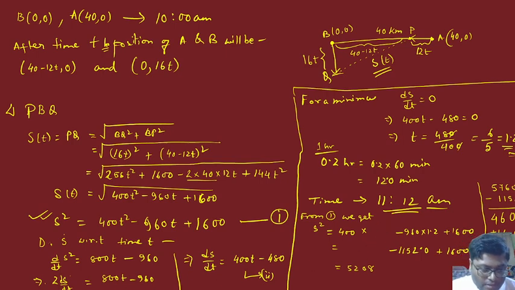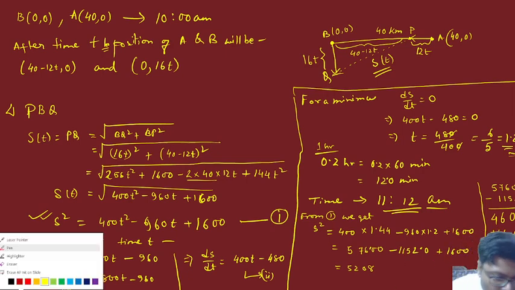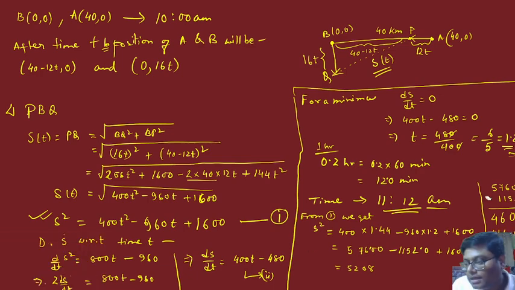Okay, if I take the square, it will be 1.44. So if it is like that, the calculation has to be changed a little.